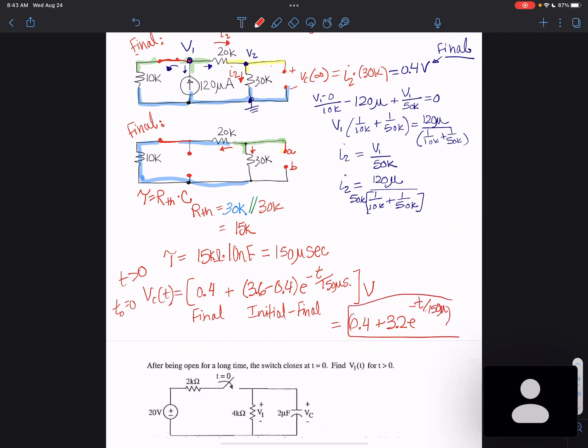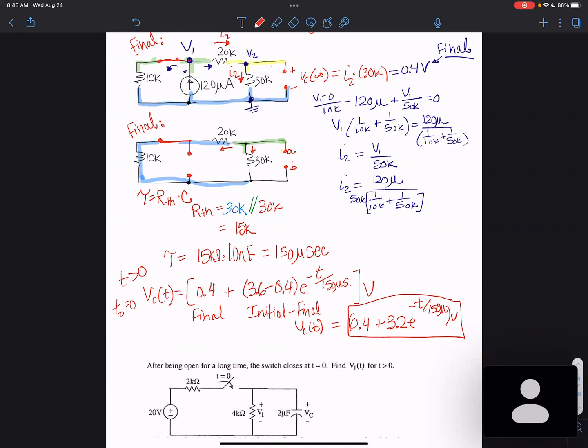And all this is in volts. And so that would be my answer. This is simpler than deriving the whole equation. We had to understand though where the equation came from so that we can say, okay, these are now what we need to do to the circuit to be able to get those values.